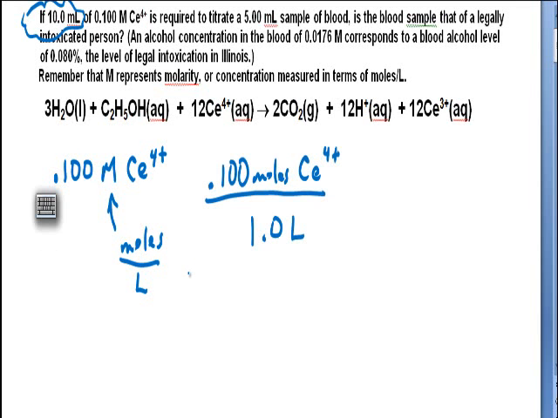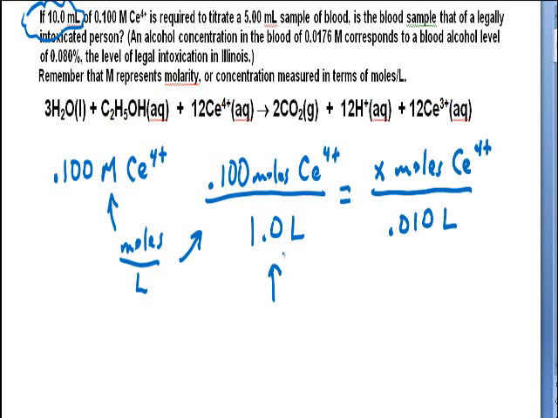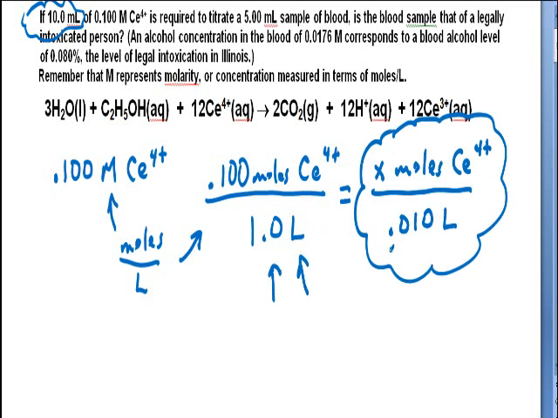The 0.100 molar, or moles per liter, we can set up in a proportion where we have 0.100 moles of Ce4+ ions per 1 liter of solution. If we know we have 0.1 moles of Ce4+ in 1 liter, we can then solve for X moles of Ce4+ that would be available in our 0.01 liter sample of solution, which is the same as 10 milliliters.